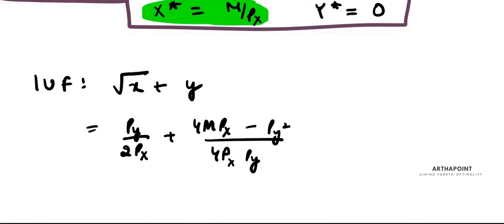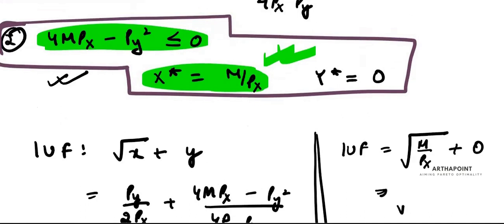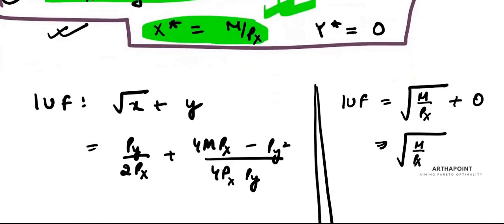This will be your indirect utility function. And in the other case, your indirect utility function will simply be root of m by px plus 0, which is root of m by px. Root x plus y was your function, right? So this is your indirect utility function in the two cases.